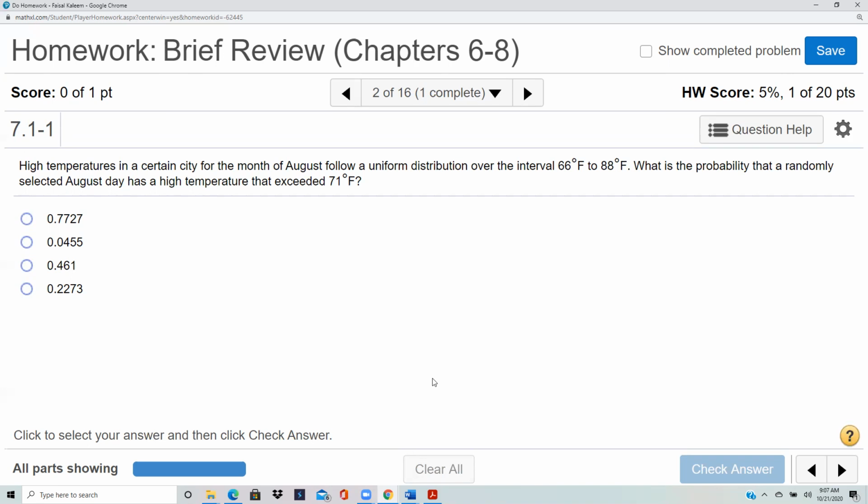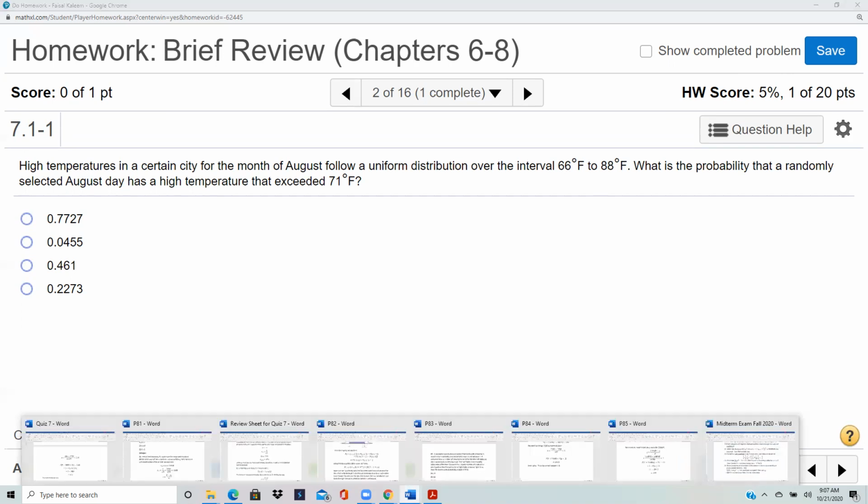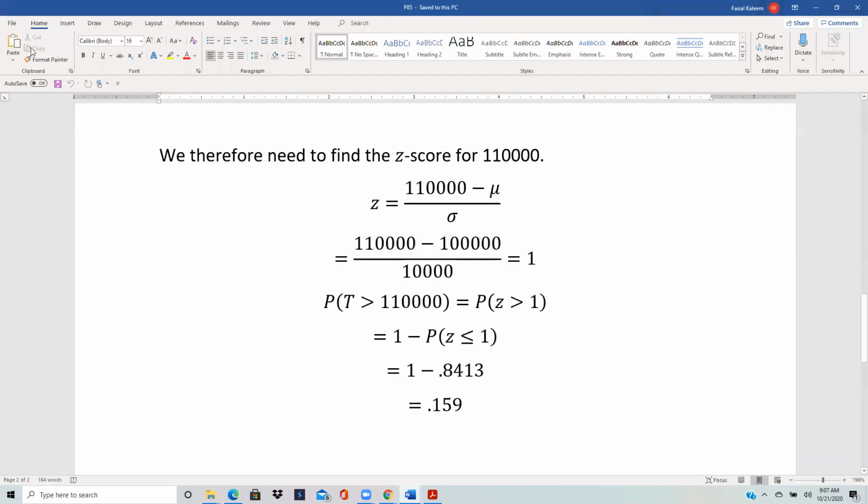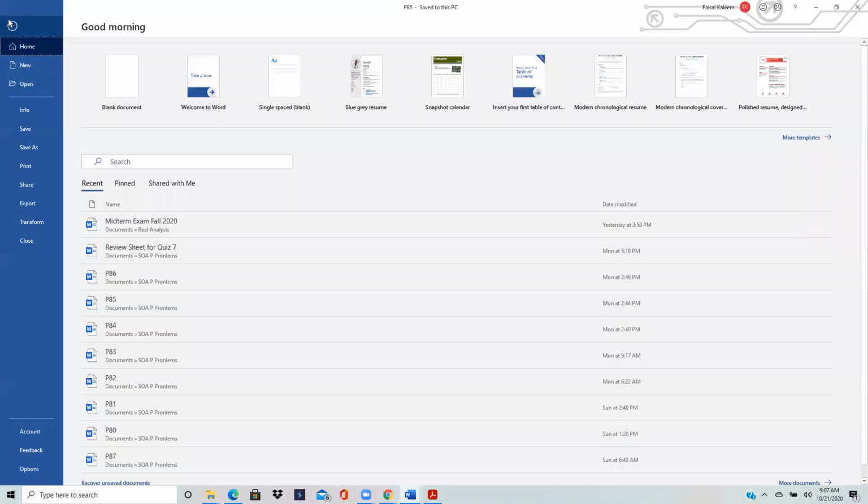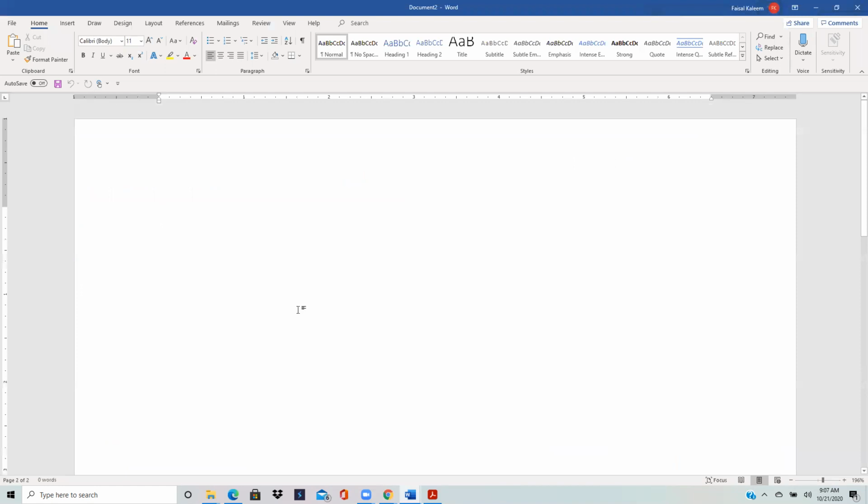Okay, so we first draw the number line over this whole interval, 66 to 88.